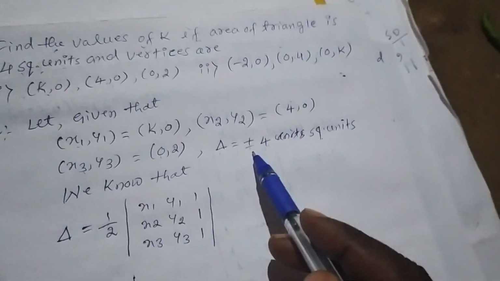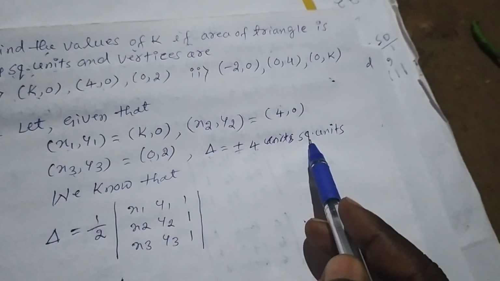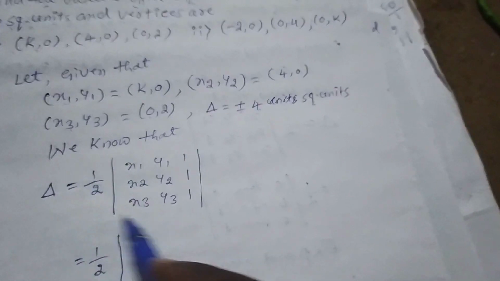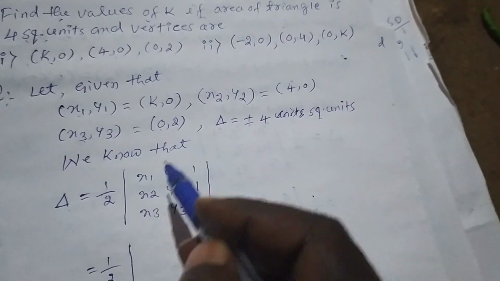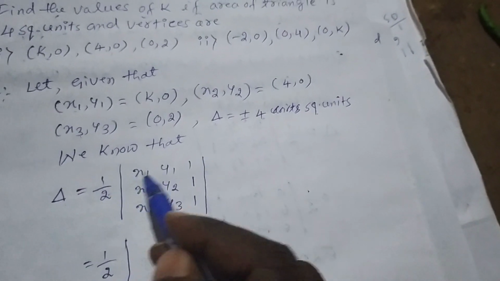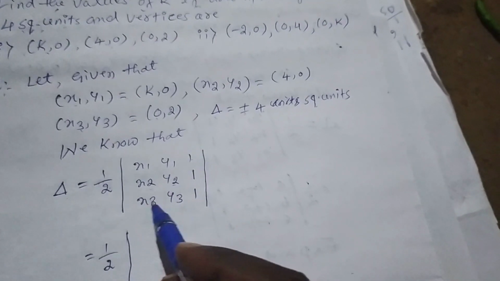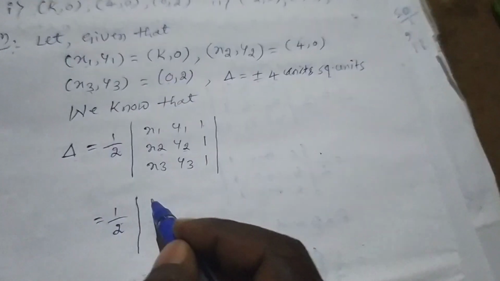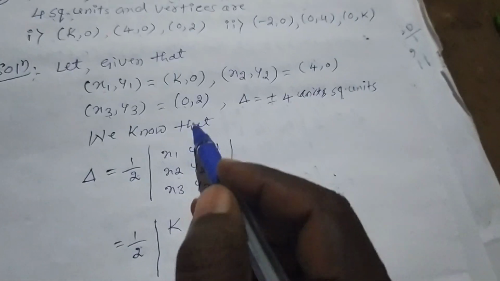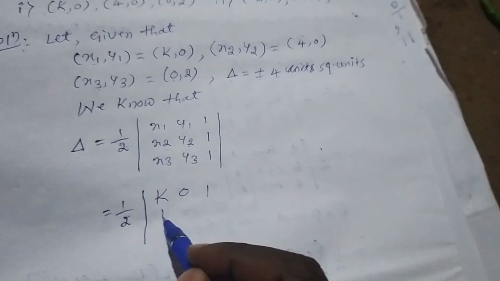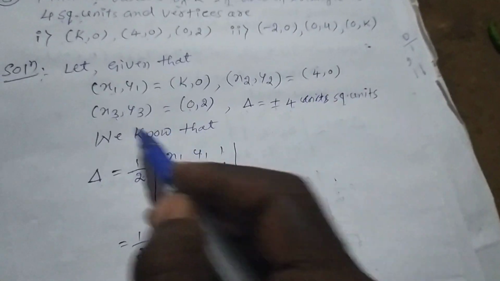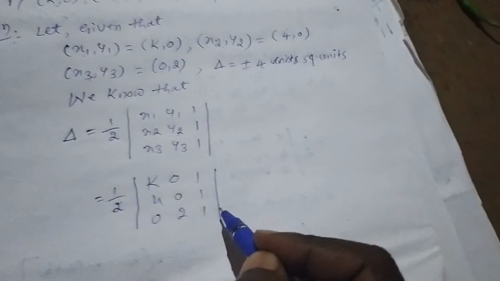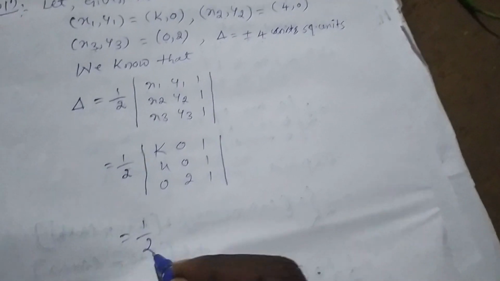We know the formula to find the area of the triangle using a determinant: half into x1, y1, 1, x2, y2, 1, x3, y3, 1. Put the values: K, 0, 1, 4, 0, 1, and 0, 2, 1.